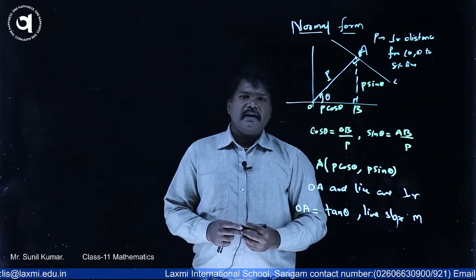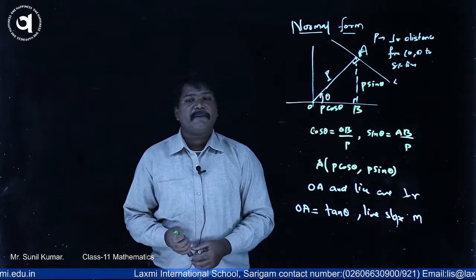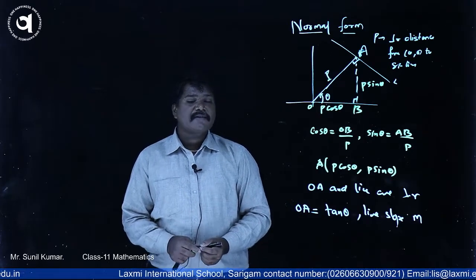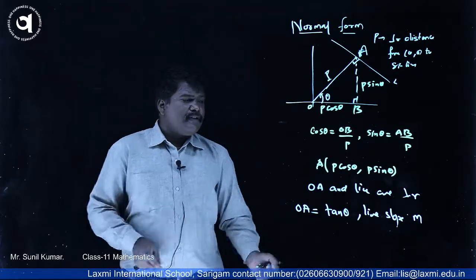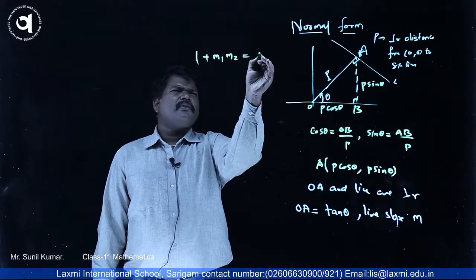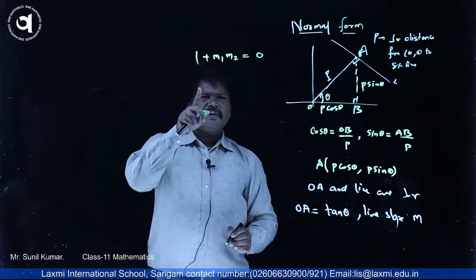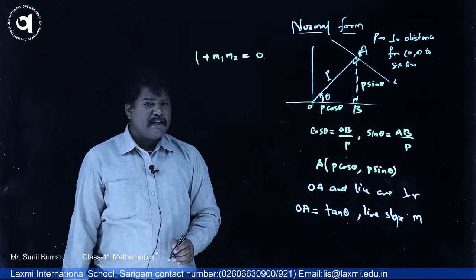Yes. We have the angle between the lines from the previous video; if you want, you can go through it. If they are perpendicular, then 1 plus M1 M2 equals 0, or you can also say the product of slopes, M1 M2, is equal to -1.